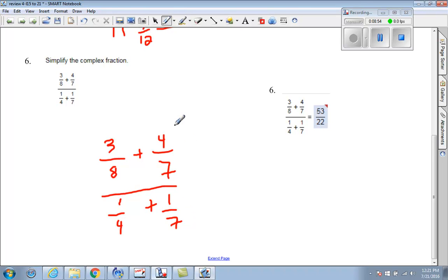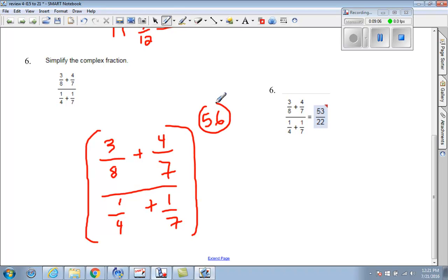One way we dealt with that in the notes was to draw giant brackets around the whole thing, pick an LCD for all the denominators, which would be 56, and send that through to all the numerators in the problem. And then, via multiplication, the whole thing's going to clean up.